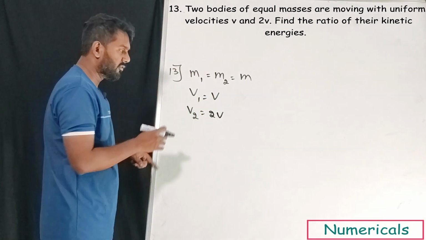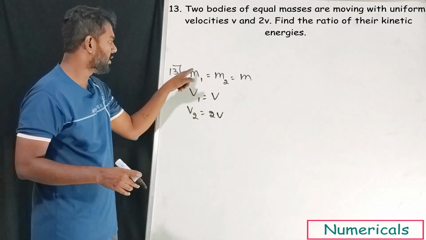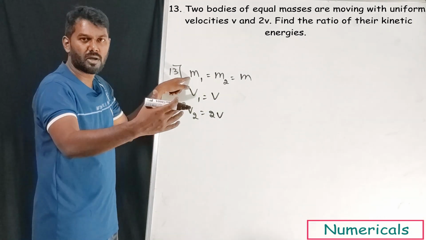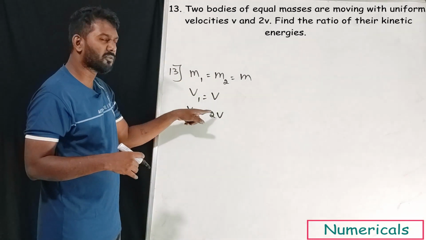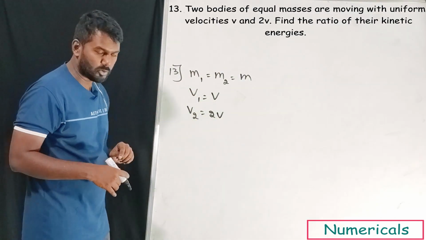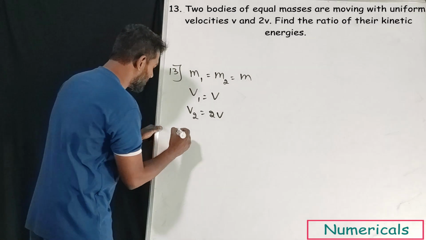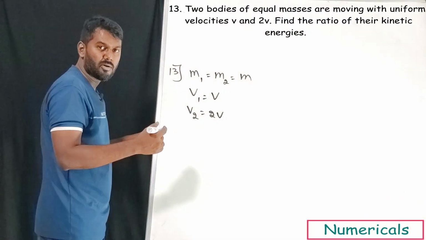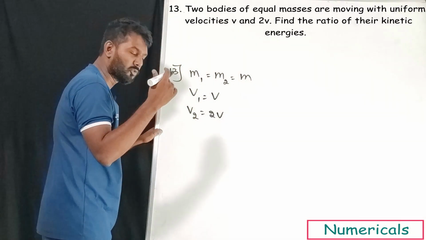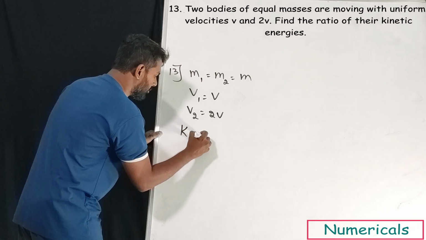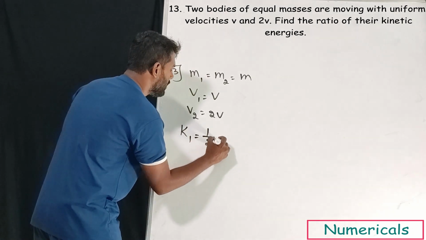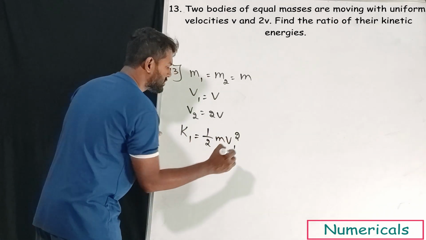What is v1? v1 is the velocity of moving object 1, and v2 is the velocity of moving object 2. Then we have to find the ratio of their kinetic energies. Very simple. First we will find the answer for the first moving object. Kinetic energy 1 is equal to half m v1 square, correct?